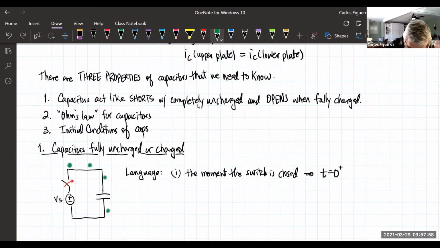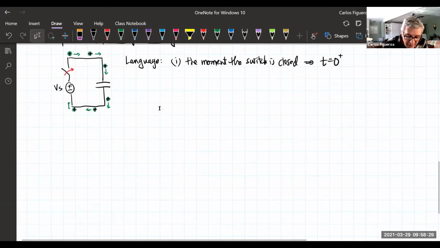I want to be really careful here: note that there's charges already in the wires. So the moment I close the switch, all charges everywhere start to move. This is where it's useful to have a picture of the incline that I've shown you in the past.